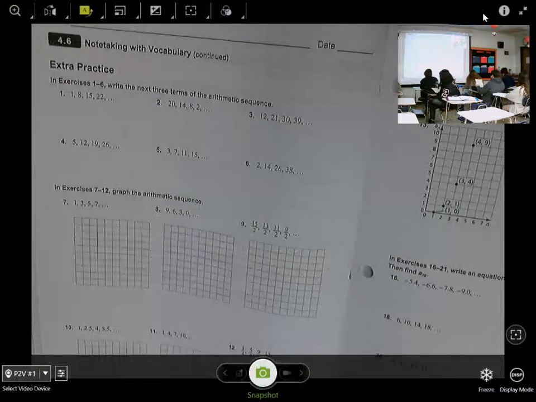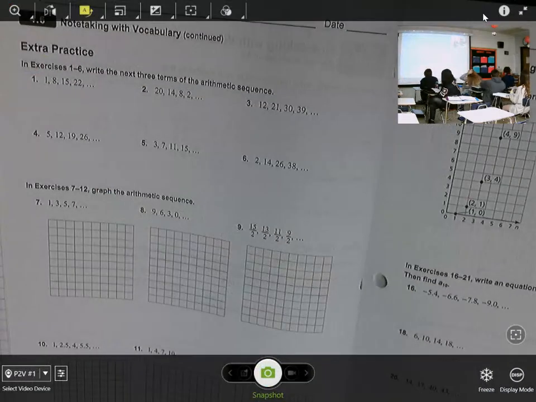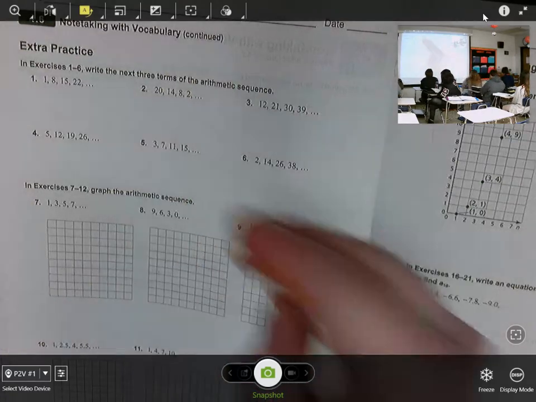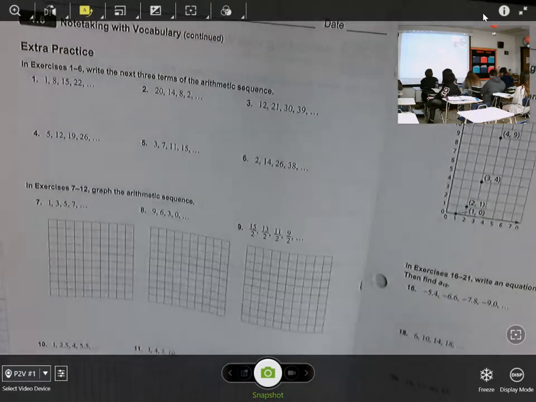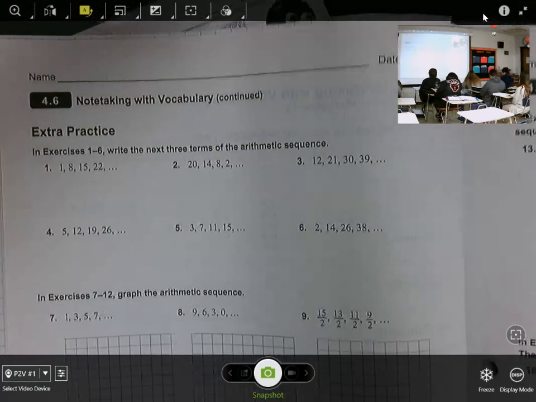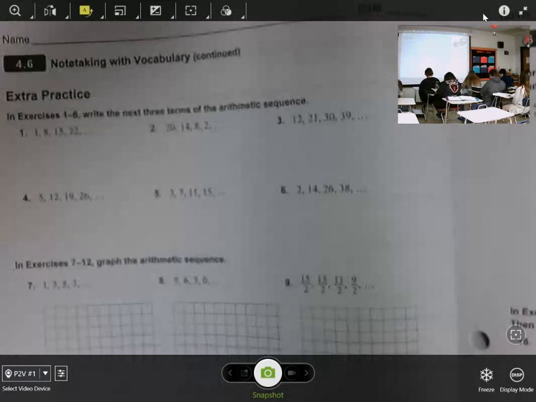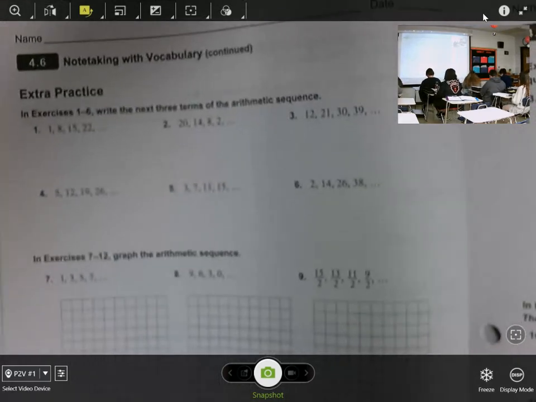So if you turn to page 124 in your student journal, you will see that it's extra practice, and there's numbers 1 through 22, but you're not going to do all 22 problems. What I'm going to need you to do is go through here and circle the ones that you need to do.